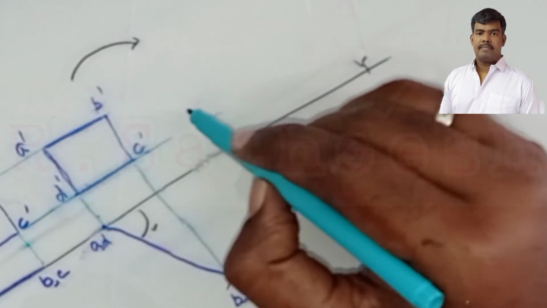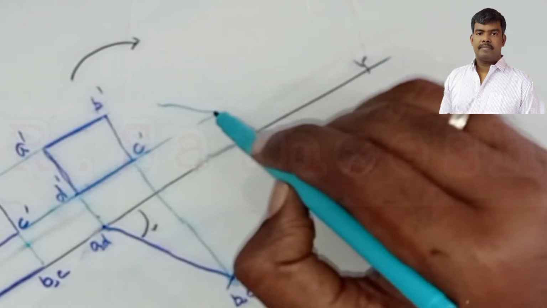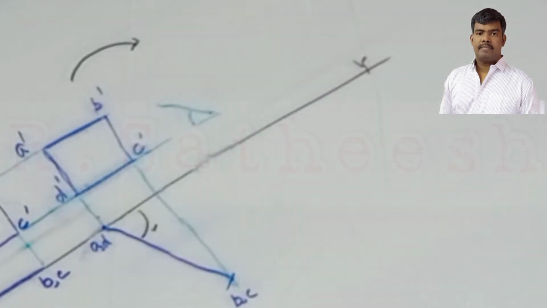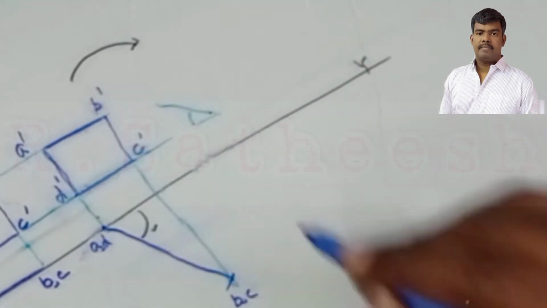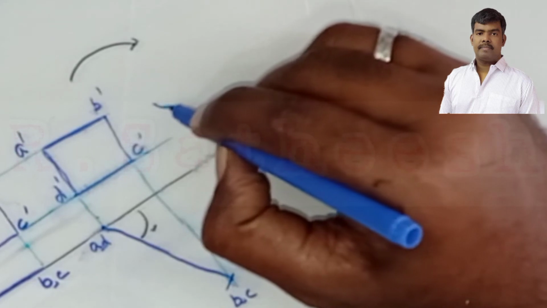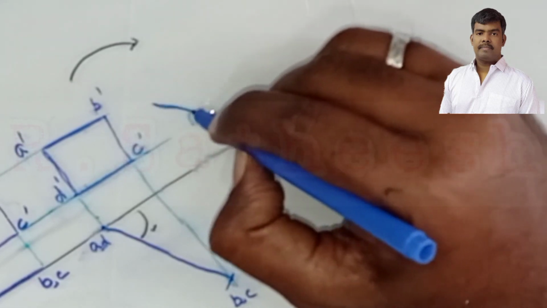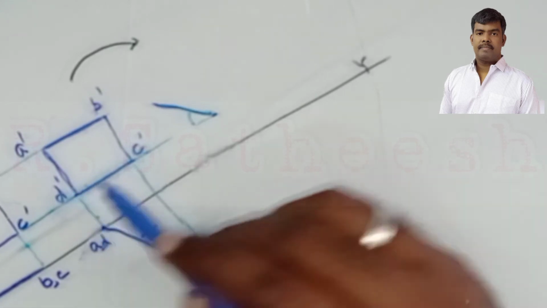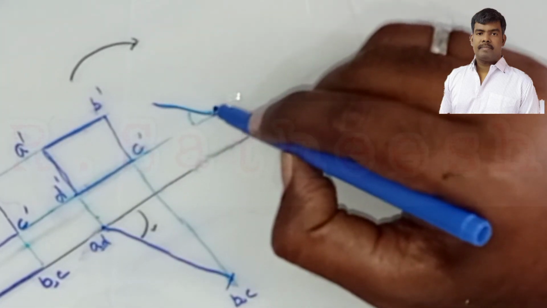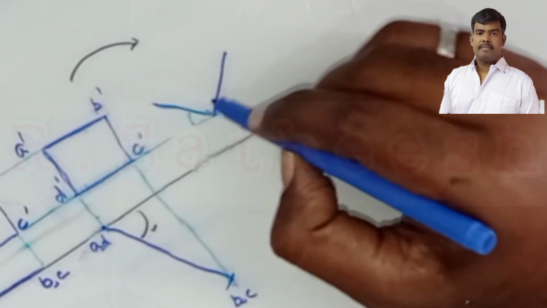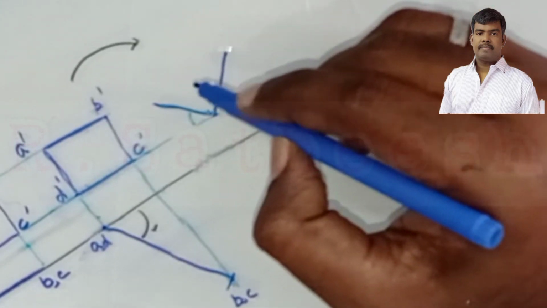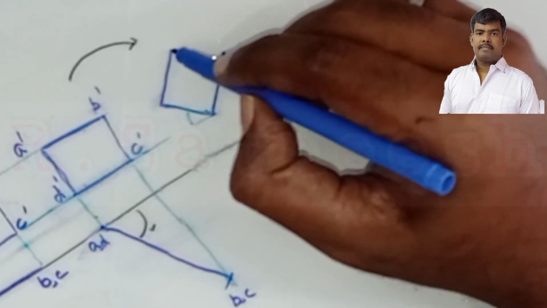So you draw this line, 30 degrees to the HP. So this is 30. AD and DC are at right angles, so the perpendicular line is there. If one is 30, definitely the other is 60.